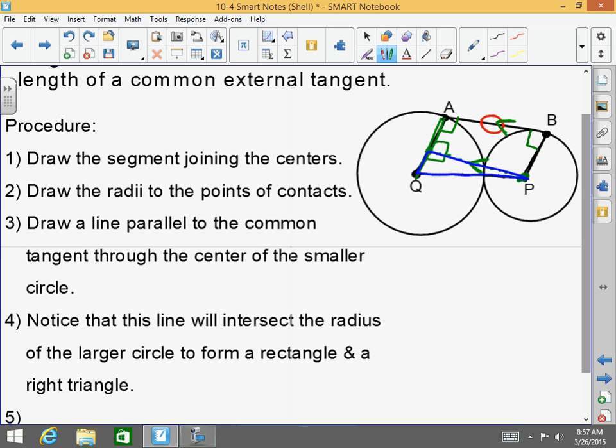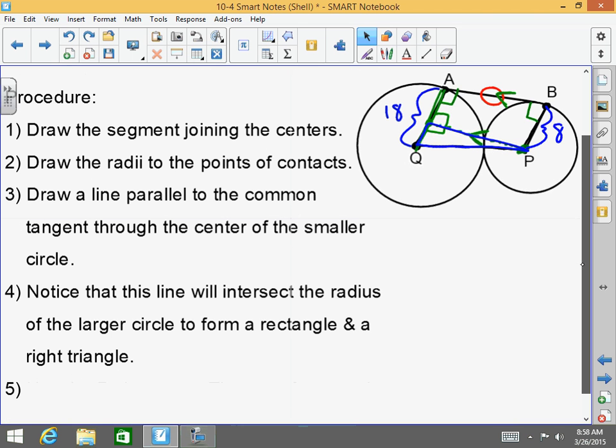Is everyone with me so far, my brothers? Okay. They had told us that the larger circle had a radius of 18, correct? They had told us that the smaller circle had a radius of 8, correct? You with me here, guys? So, pay attention.